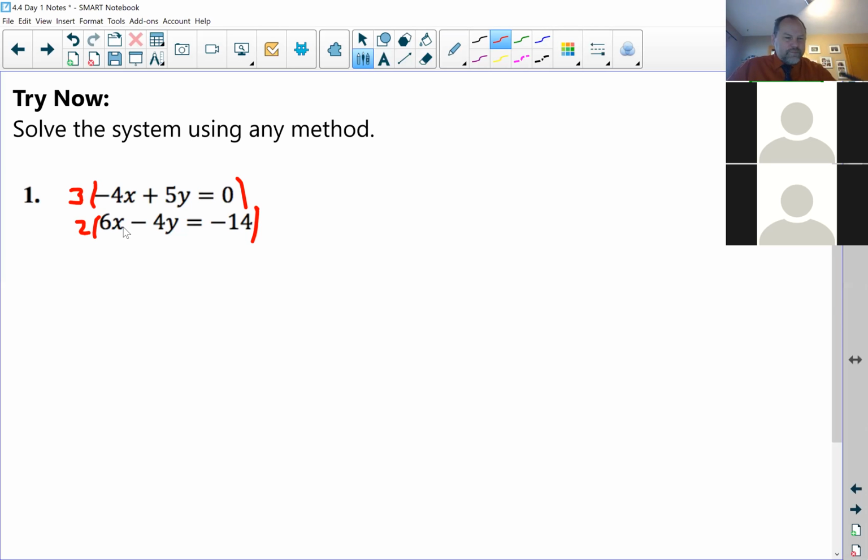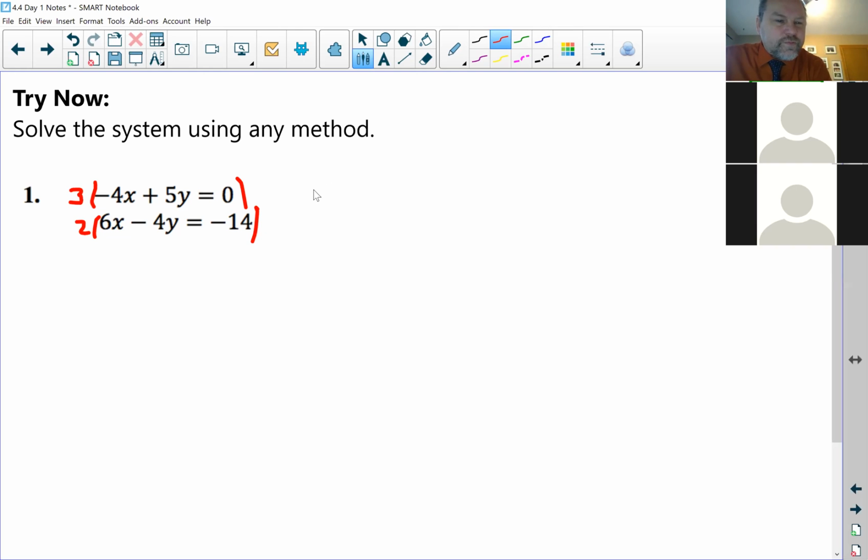You could multiply by 6 and 4. You could multiply by 4 and 5, just depending upon which variable you wanted to eliminate. And if you notice that you could multiply to get to 12 instead of having to go all the way to 24.